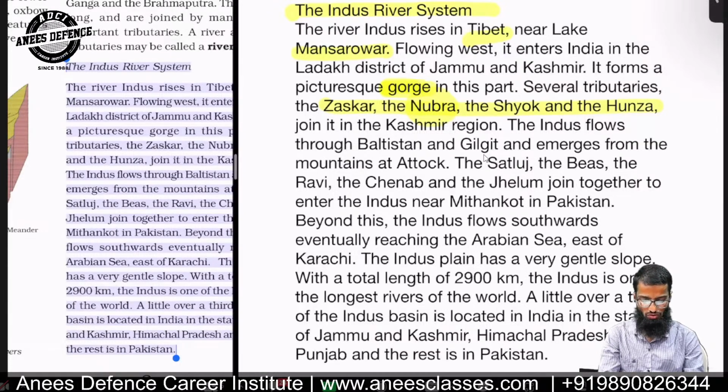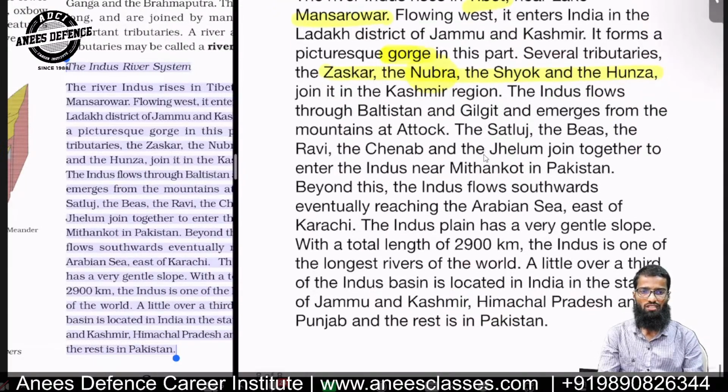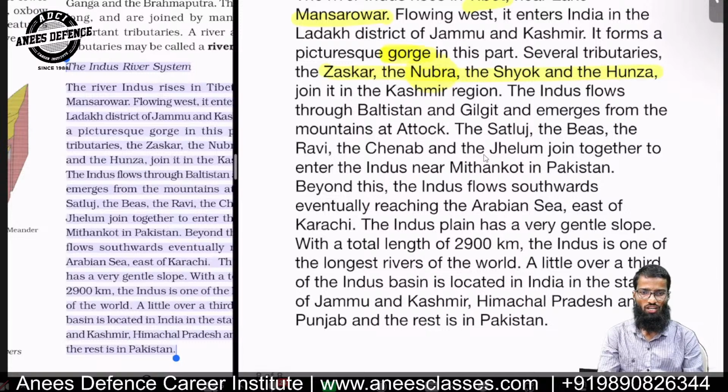Indus flows through Baltistan and Gilgit and emerges from the mountains at Attock. The Satluj, the Beas, the Ravi, the Chenab and the Jhelum join together to enter the Indus near Mithankot in Pakistan.